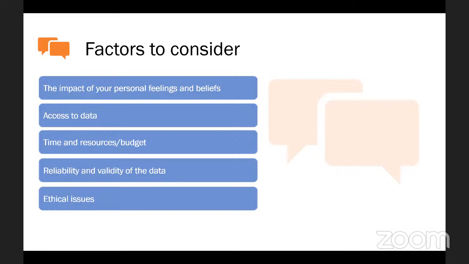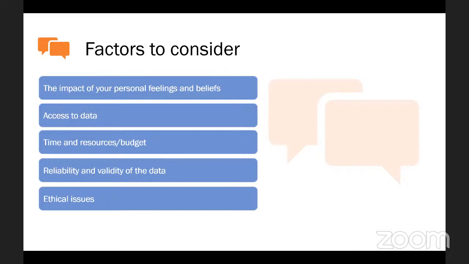As I discussed in the beginning, the definition of research is having a very clear objective or purpose. So when you are conducting research with a clear objective, your personal feelings or beliefs should not have any impact on the result or analysis of your research.